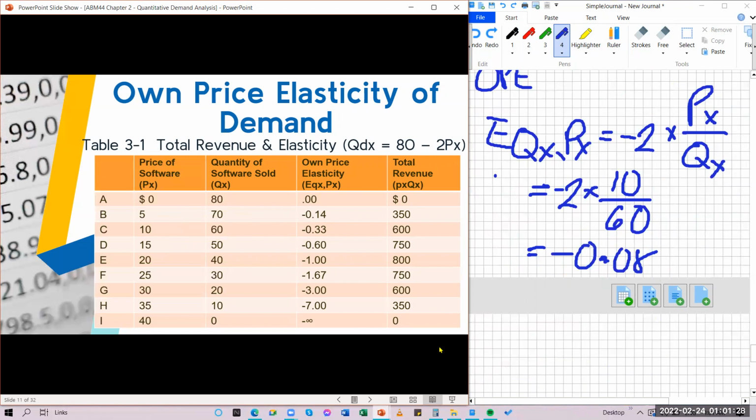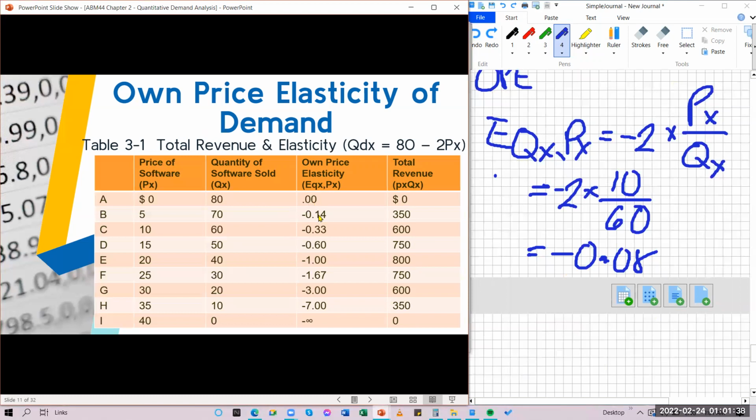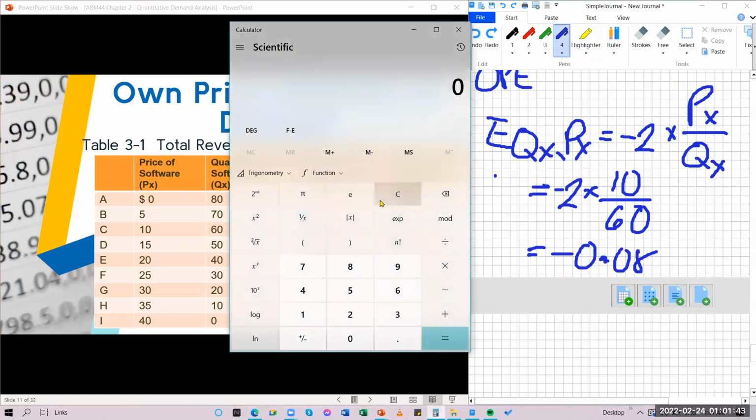Oh, 0.08? It should be 0.33. Is this correct? 10 and 60. Let me calculate again. So, 10 divided by 60, we have 0.1667, multiplied by negative 2.